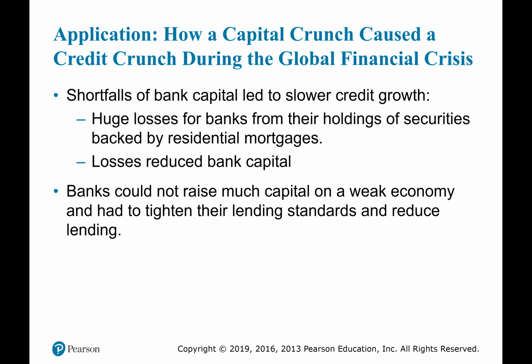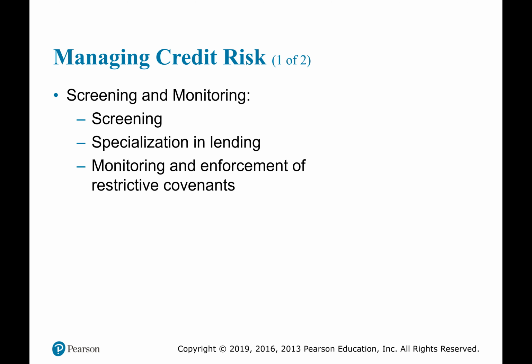And I remember in the middle of the meltdown, it went to less than $1. So a massive fall in the value. And the banks couldn't raise much capital during a recession. In fact, in any recession, they find it difficult to raise capital in a weak economy and had to tighten their lending standards. So that meant that if they can't raise the money to lend, then they're basically not going to lend. And so we get this so-called credit crunch.